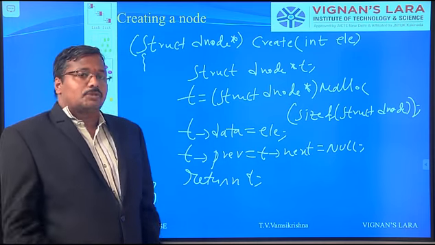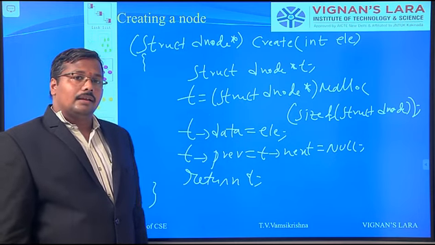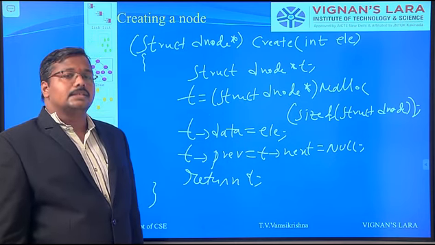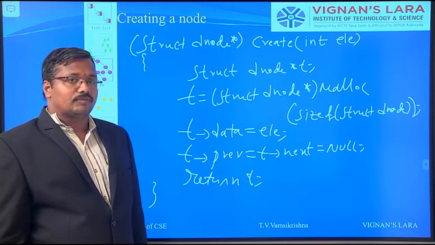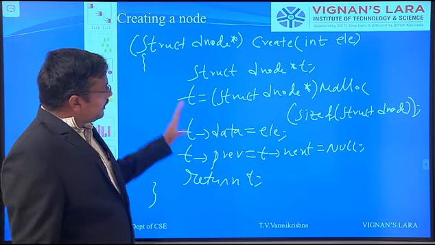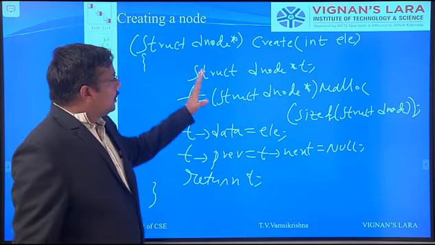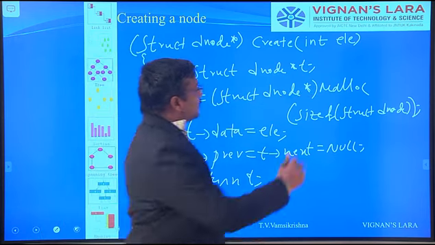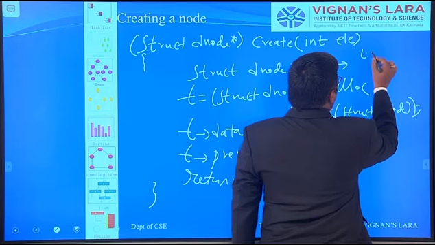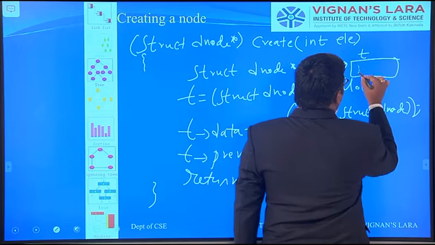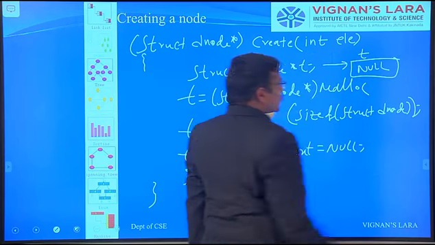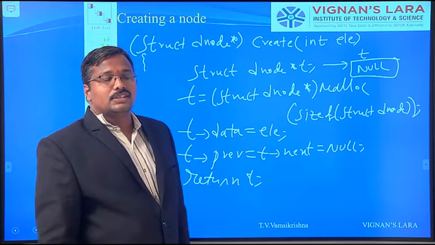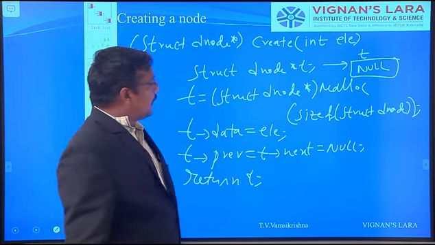I already explained this while covering the single linked list concept. At that time I already delivered this code. So the same code, struct dnode star t. In a single linked list the node had only 2 bytes, and it stores null, meaning an address.